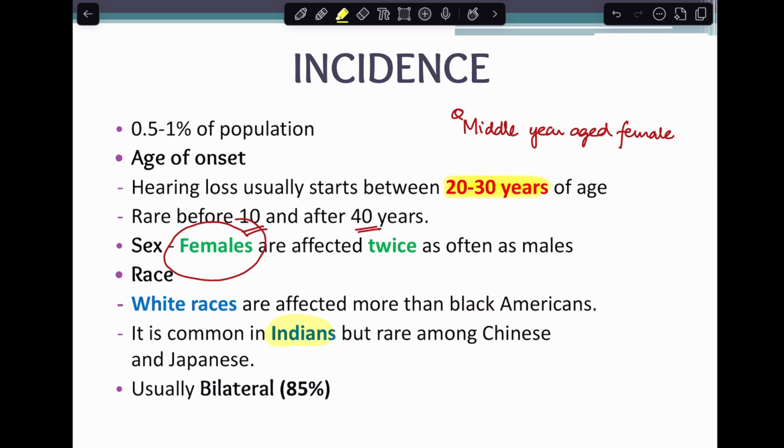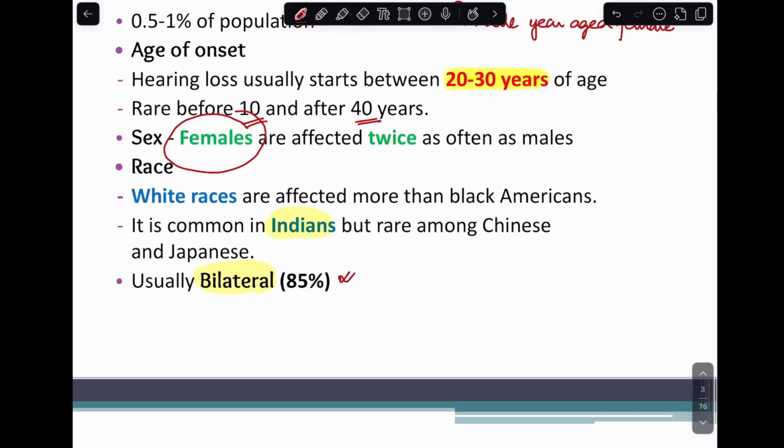Most of the time, this will be a bilateral presentation. You can also have a unilateral presentation, but in 85% of cases, we see bilateral conductive hearing loss being presented to you. So that's about some basic facts about otosclerosis.